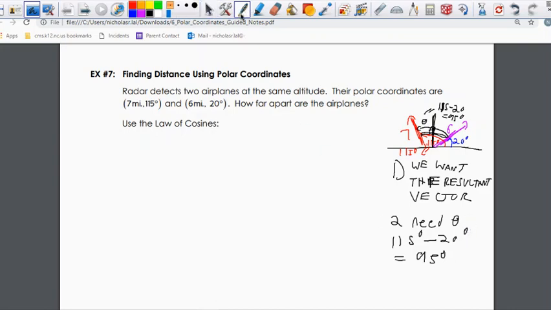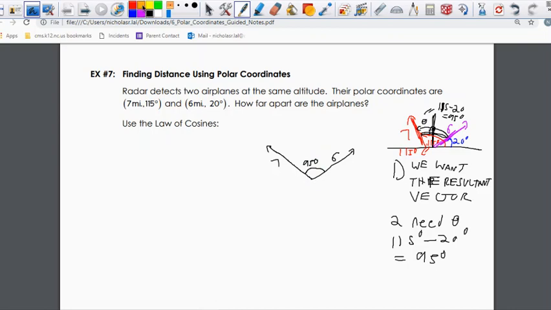To draw things more clearly, we have a vector at 6 and a vector at 7, these are the magnitudes, and the angle between these vectors is going to be 95 degrees.